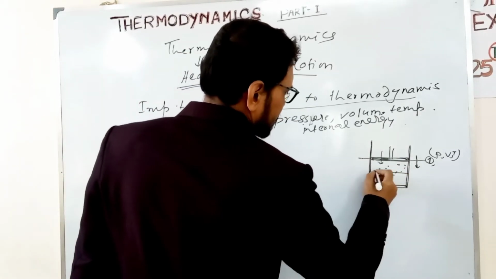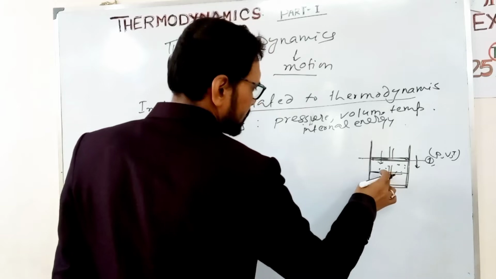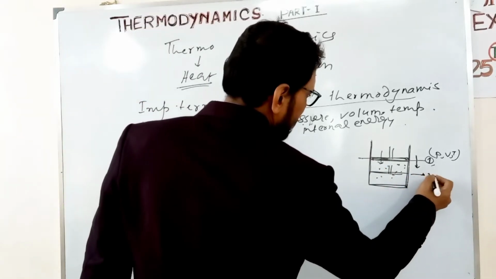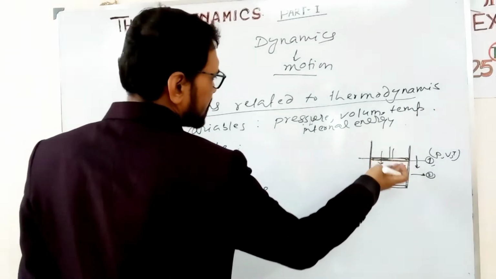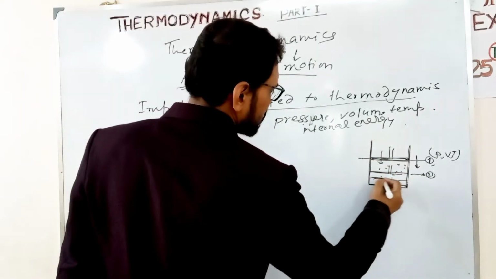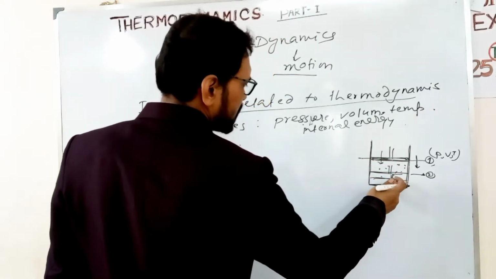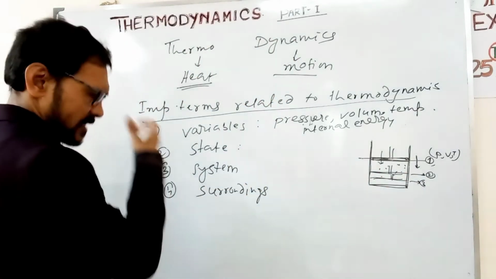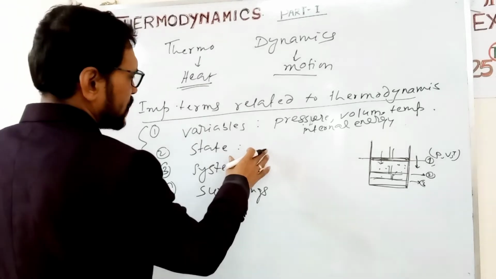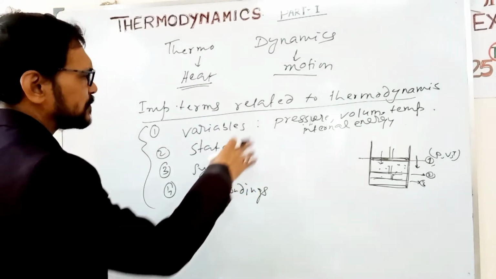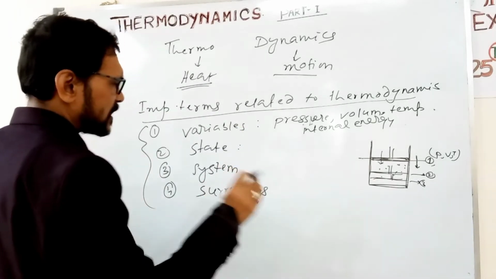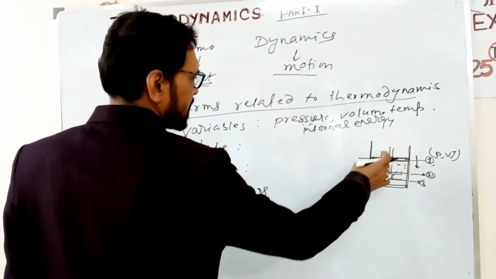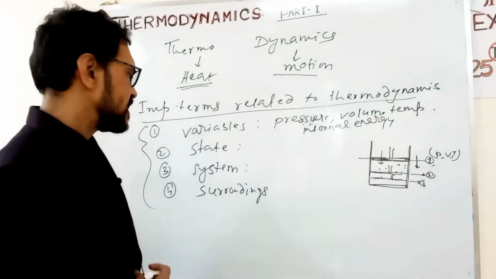When the piston comes here, they have another value, this is state 2. At another position, pressure, volume, temperature have another value, this is state 3. So state means a condition or position at which the variables pressure, volume, temperature have attained a particular value.